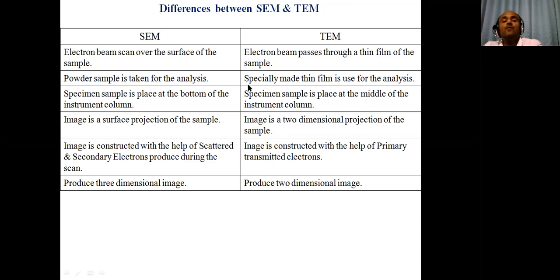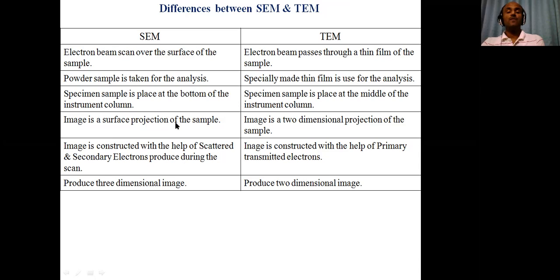Now this slide gives us a clear-cut idea of the differences between SEM and TEM. In SEM, the electron beam scans over the surface of the sample, while in TEM, the electron beam passes through the thin film of the sample. A powder sample is taken for the analysis, while in TEM, a specially made thin film is used for analysis. The specimen sample is placed at the bottom of the instrument column in SEM, while in TEM, it is placed at the middle of the instrument column.